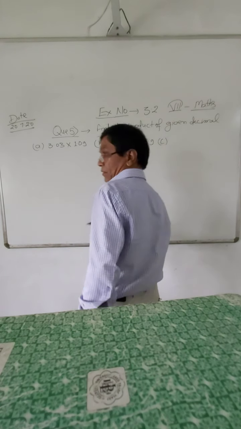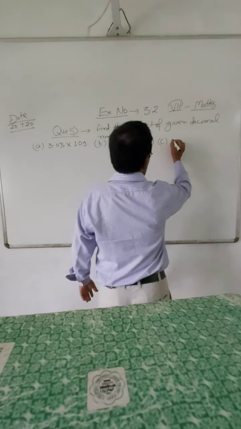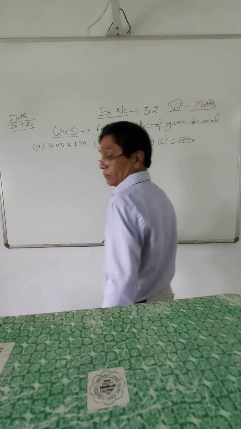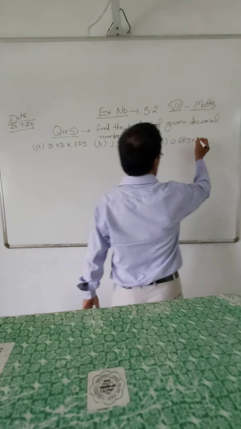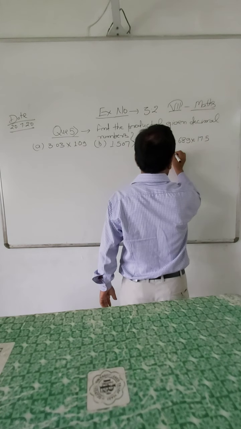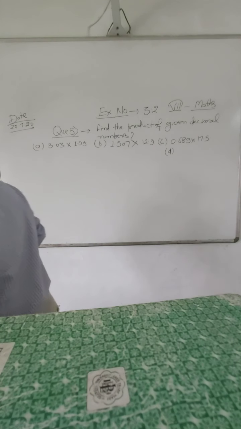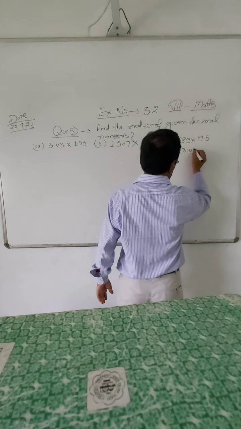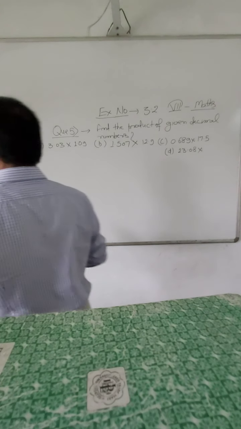Question number C, 0.689 multiplied by 17.5. And question number D is 23.08 multiplied by 2.3.